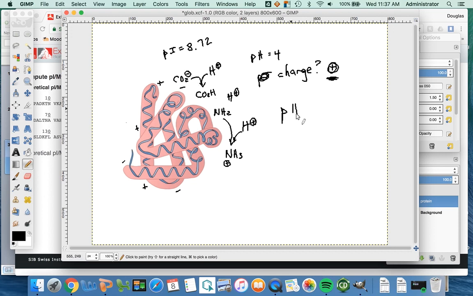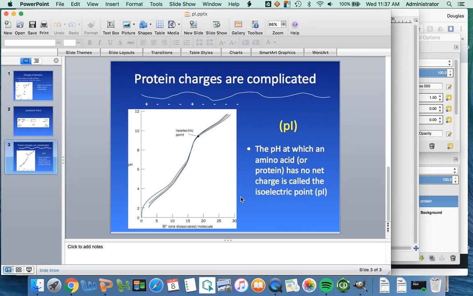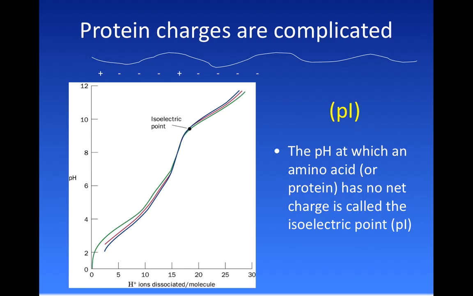So if we had a pH of 10, our charge would be negatively charged. Okay? So it's important to be able to look at the pI for a particular protein and say what its overall charge is going to be at a pH, because we're going to use those charges in order to isolate those proteins.